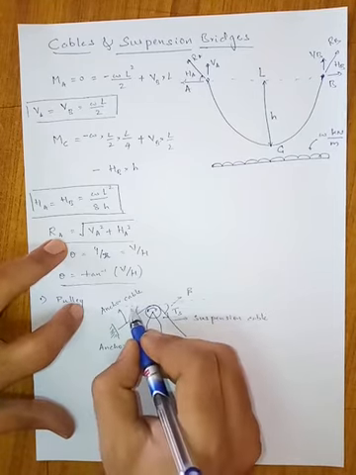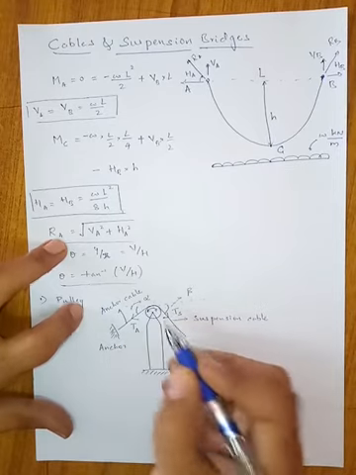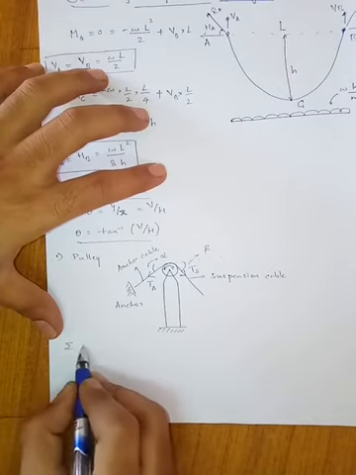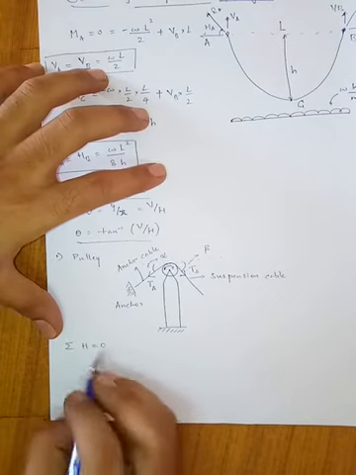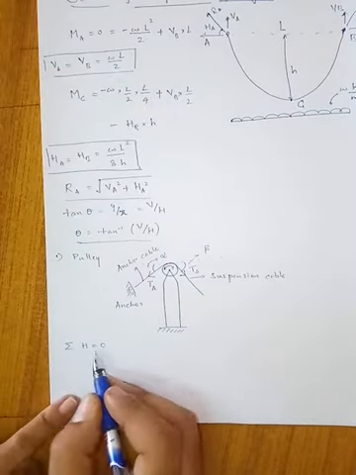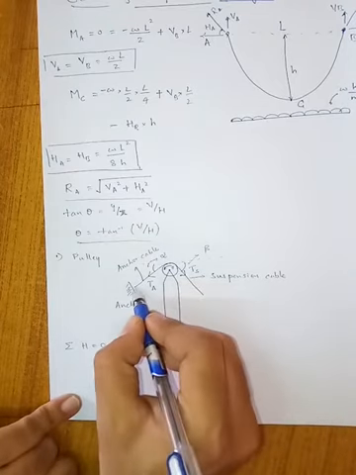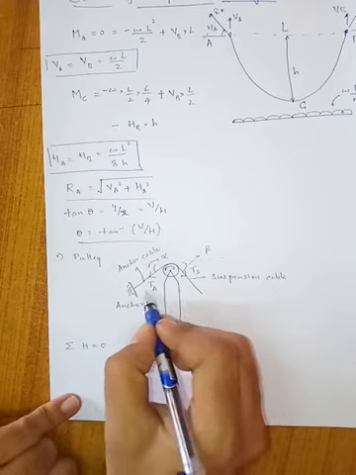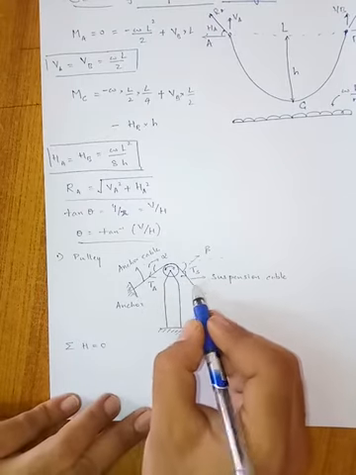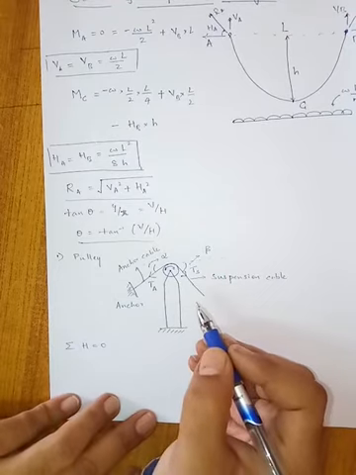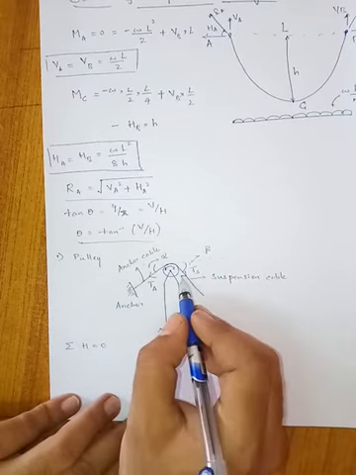Here I'll call this angle alpha. Here if you analyze this horizontally, summation H is equal to 0. If you use this equilibrium equation, then we can find that since the cable is moving freely over the pulley and the pulley is free to rotate, the tension in both the cables will be same.